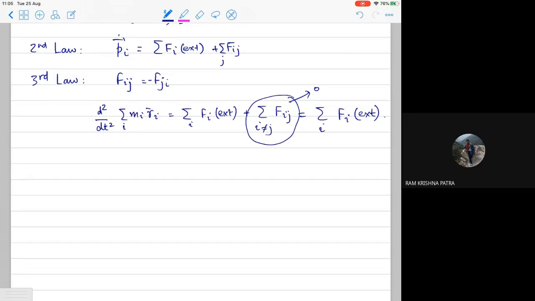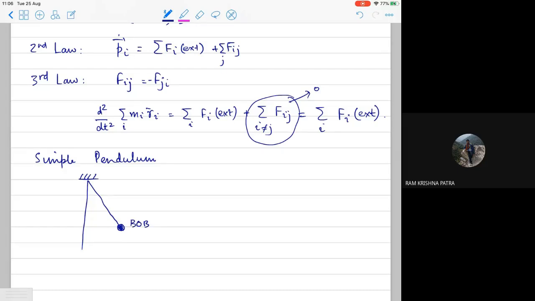Let's look at a simple pendulum. In a simple pendulum you have a bob, and that's the vertical, and you have a string there, and that's the point particle, the pendulum bob.